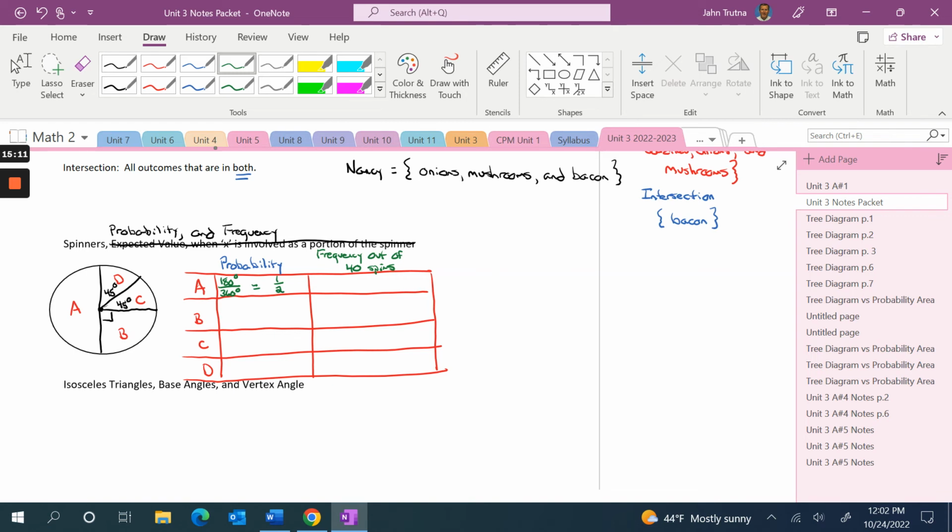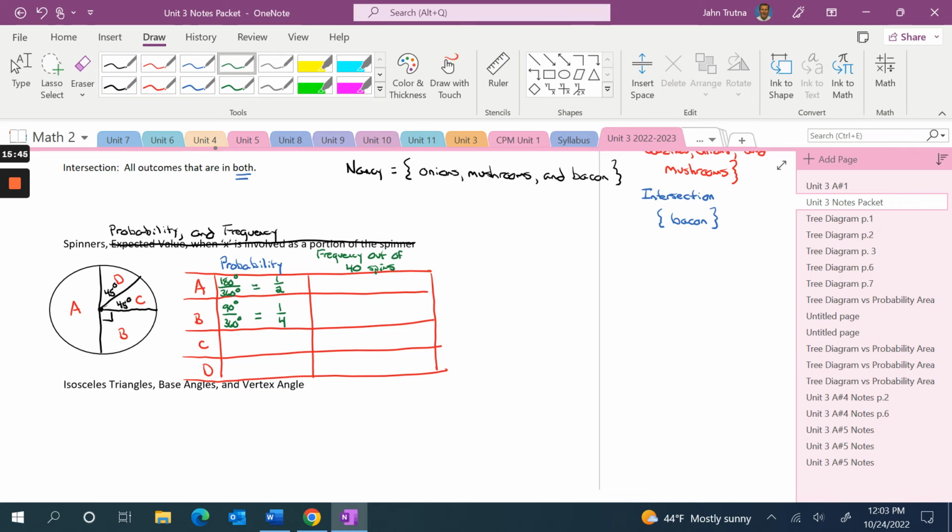So the probability of the spinner landing in A is 1/2. Section B is 90 degrees out of a full circle, which is 360 degrees. We reduce that down, and section B is 1/4 of the spinner. So the probability of my spinner landing in section B is 1/4.